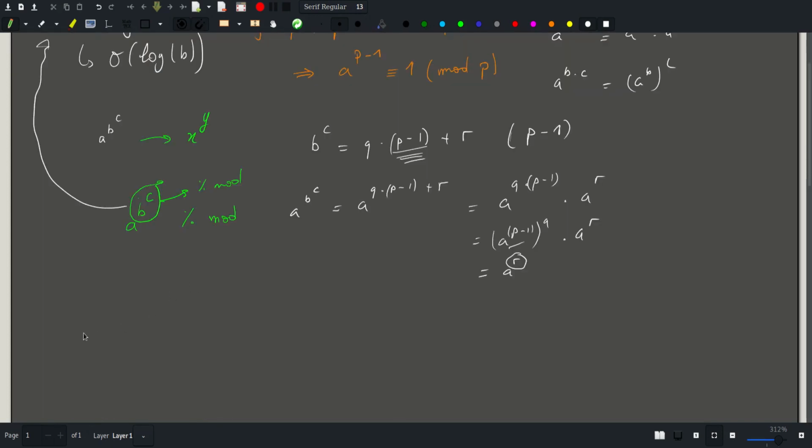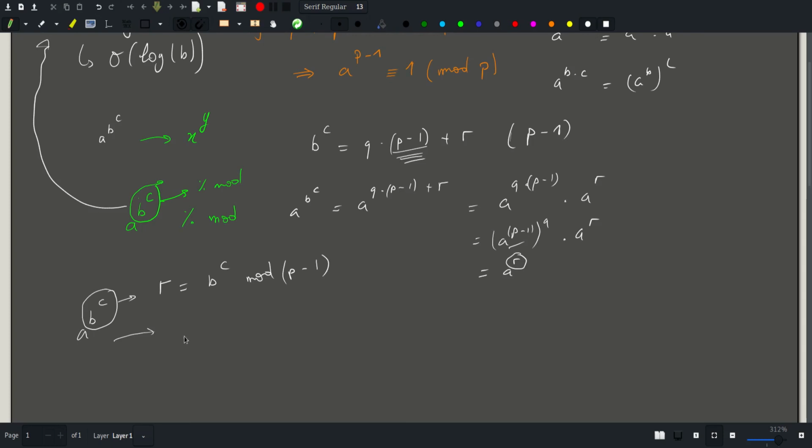So to summarize, we will be given a raised to the b raised to the c, and we saw that we can simplify this by replacing b raised to the c with the remainder of b raised to the c modulo p minus 1. So let's call r equal to b raised to the c mod p minus 1.